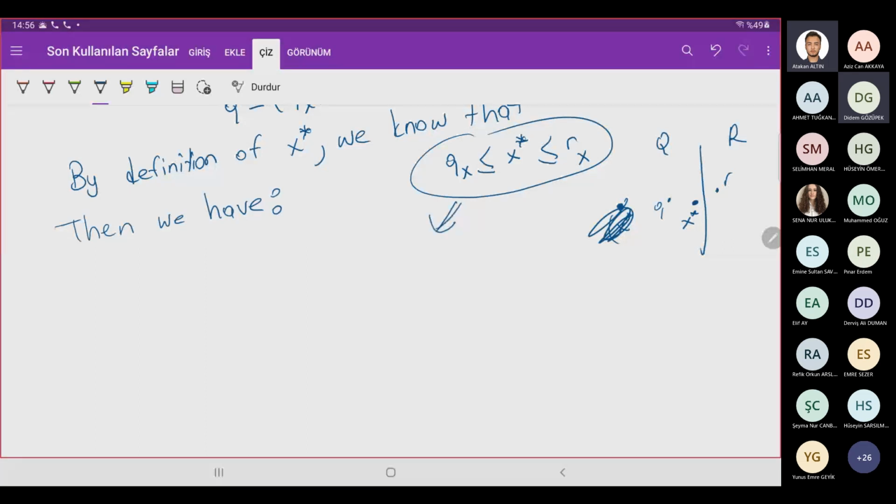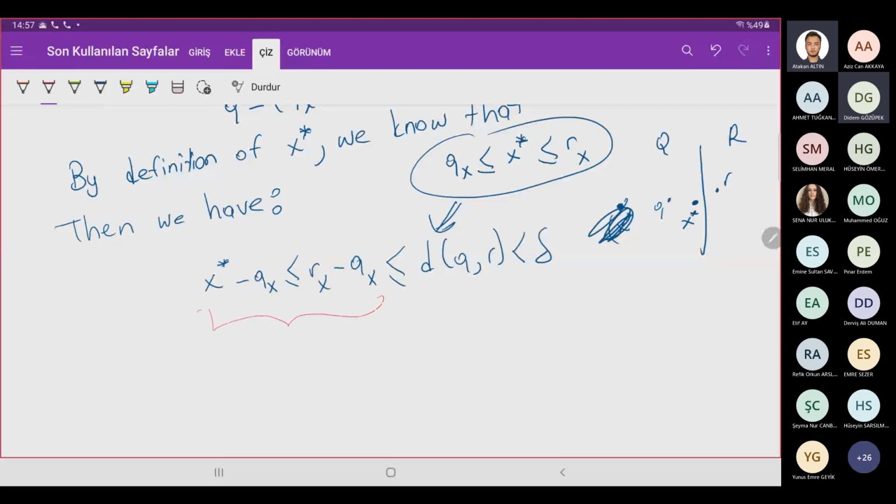Now from here I write the following: X star minus Qx is less than or equal to Rx minus Qx. That is less than or equal to the distance between Q and R, and that is less than delta. Because X star is less than or equal to Rx, I can immediately write this, right?